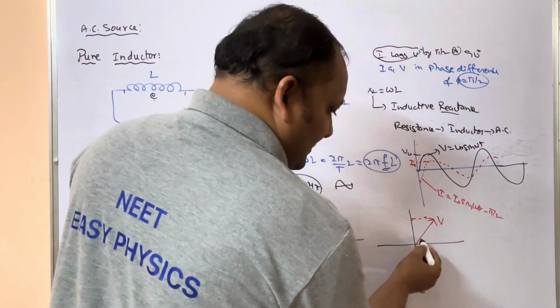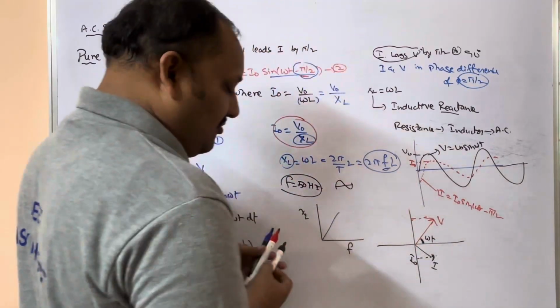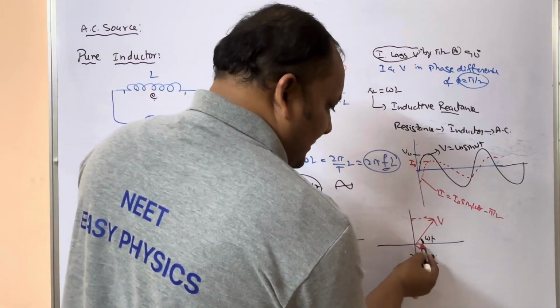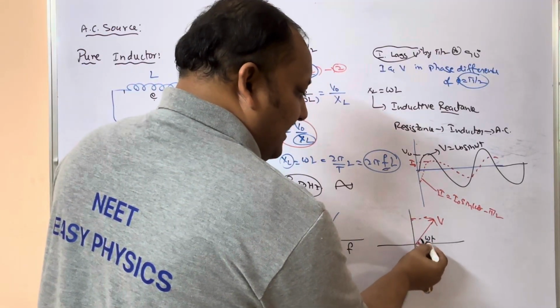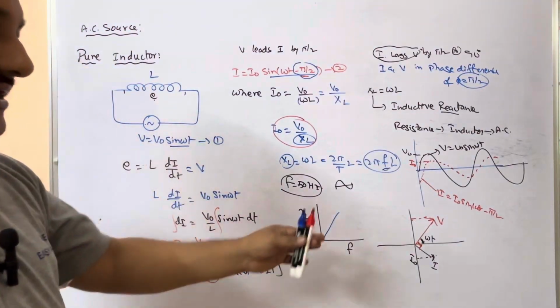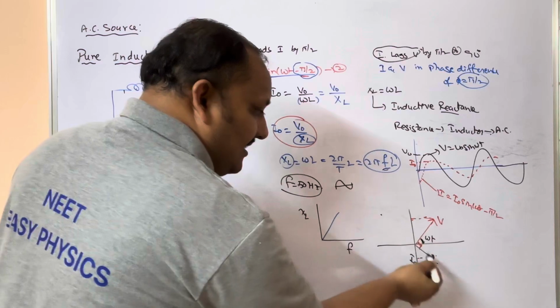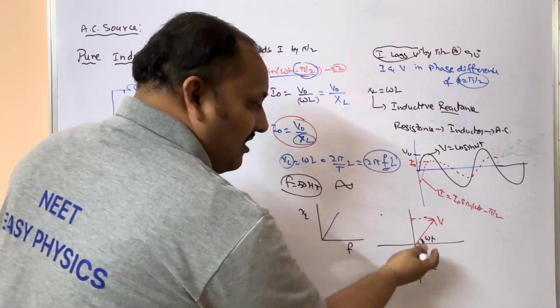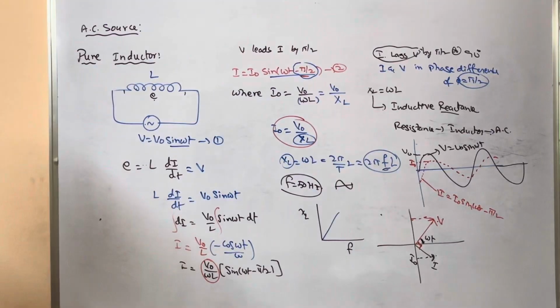How much does it lag? This is omega t. The phase difference between these two should be 90, so the remaining angle is omega t minus pi by 2. That is the phasor diagram. If you have taken the voltage here, the current we have to take here. So always voltage should lead, current should lag.